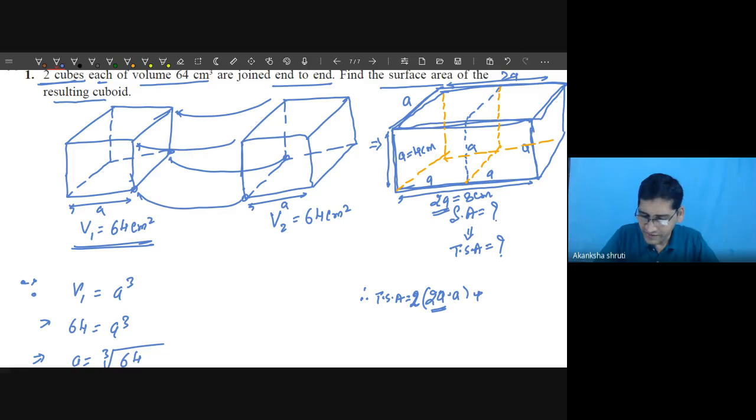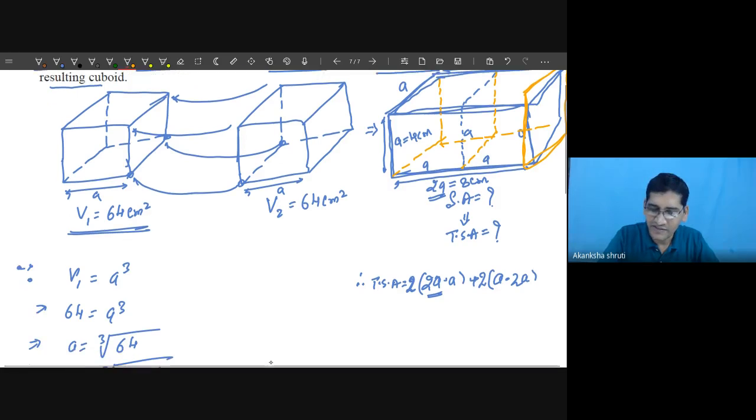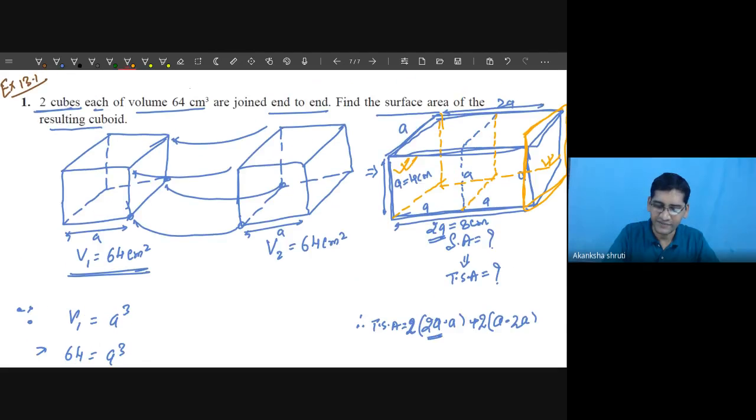So now again we need to take the A with the 2A and this needs to be multiplied by twice. Now what is left? The last surface which is left is only this one. The same identical one is this one at this corner, this surface. Are you getting?